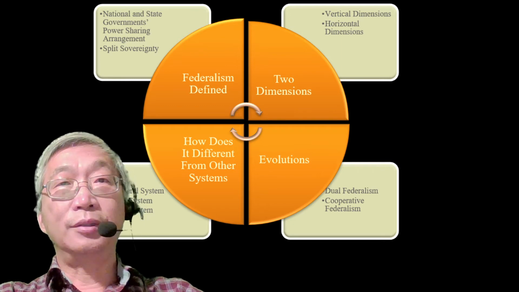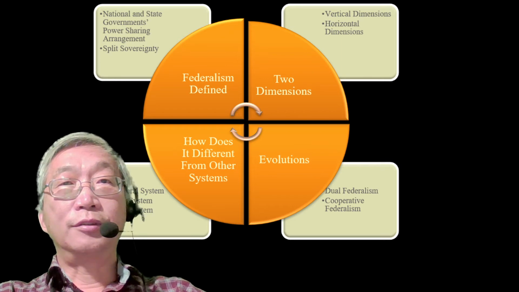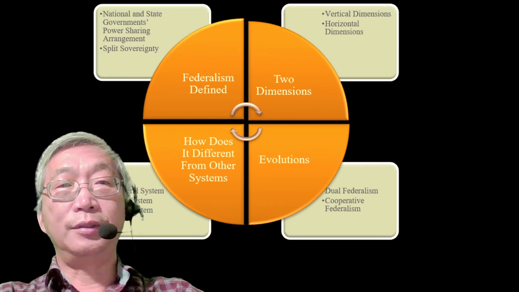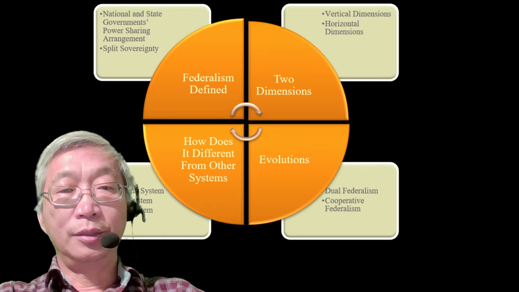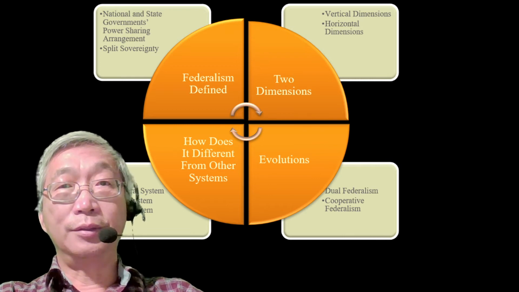In this part, we're going to introduce the three phases of the development of federalism. The first phase is the struggle over supremacy. Who is supreme? Whose law is more important than another?